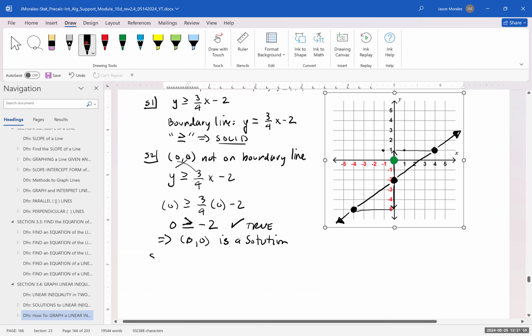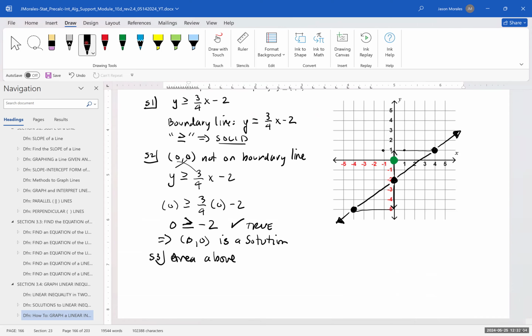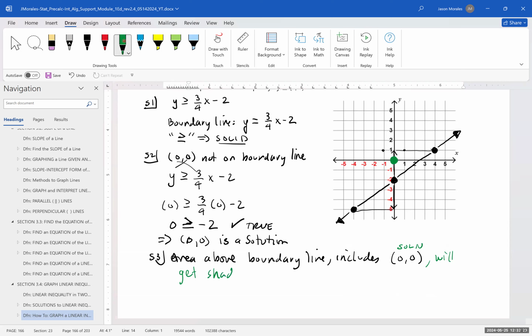And what that means in step three is the area above the boundary line, which includes our solution (0, 0), will get shaded in.